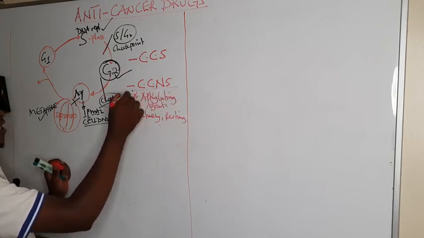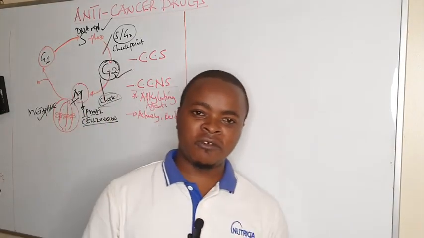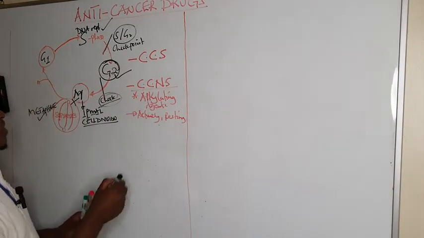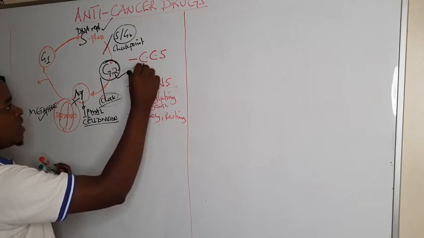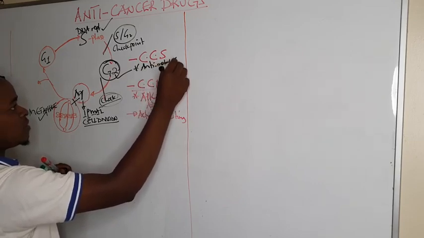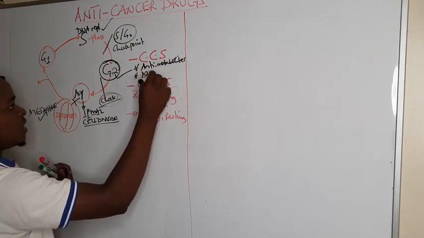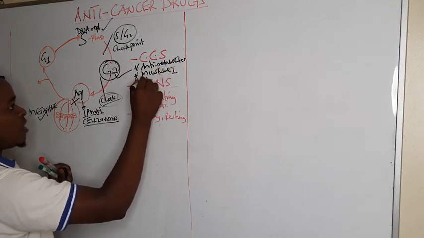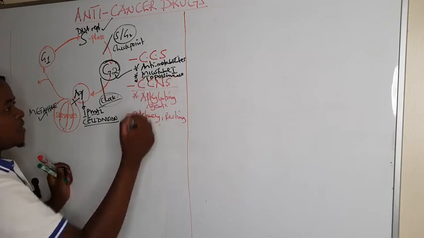So the cell cycle non-specific drugs are used to treat both actively dividing cells and resting cells, whereas for cell cycle specific drugs, we are going to see antimetabolites, microtubule inhibitors, topoisomerase inhibitors, and some antibiotics.